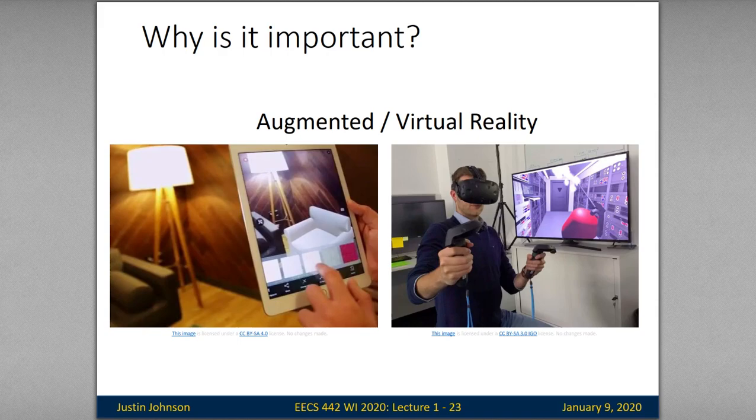And also in augmented and virtual reality, computer vision is super important for the reason that computer vision is responsible for locating the position of the viewing device that we have, whether it's a mobile phone, a tablet, or a headset, in relation to the real world.